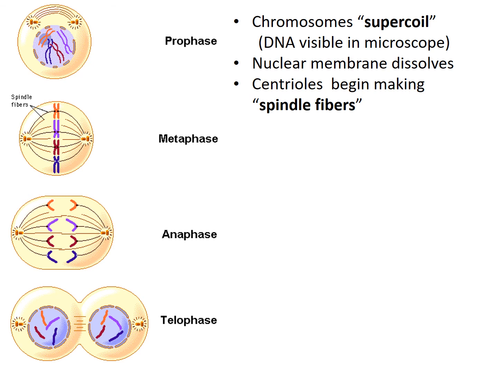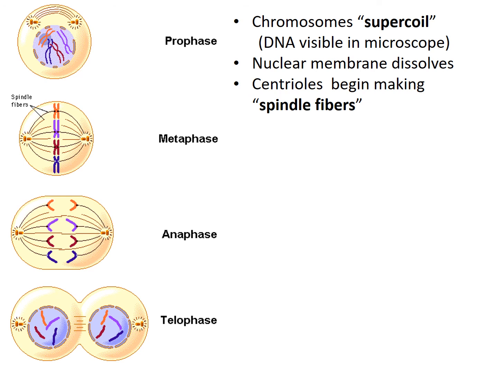And when it is supercoiled like this, the DNA is garbled up together in such a way that it becomes thick enough to see under a light microscope. This is the only time that our microscopes in our laboratory here at the college can see DNA. So in lab, we will look at some cells that are undergoing mitosis so that we can see what the supercoiled DNA molecules look like.